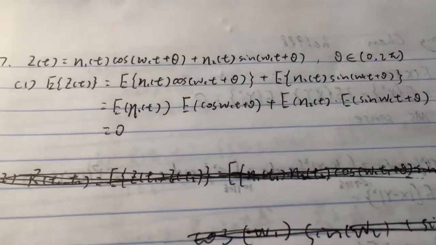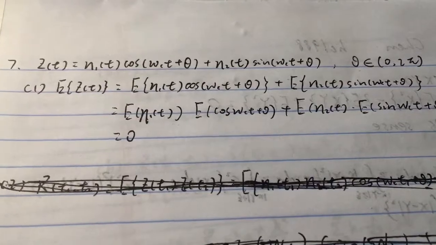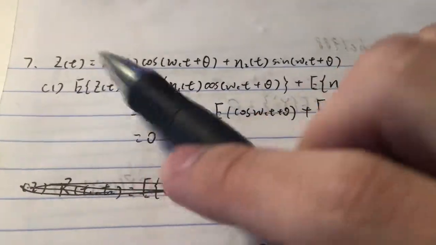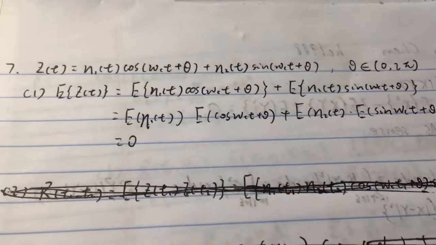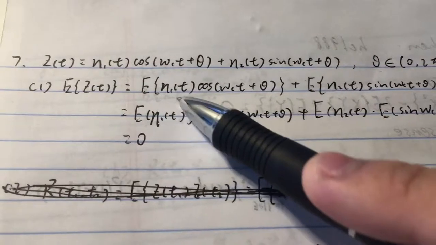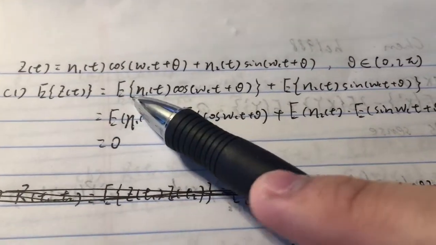In the first question, we need to find the expected value of z(t). So we just put the formula into this, and we have the expected value of this.